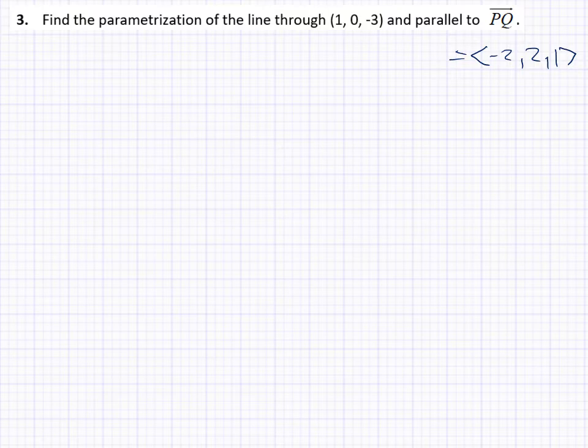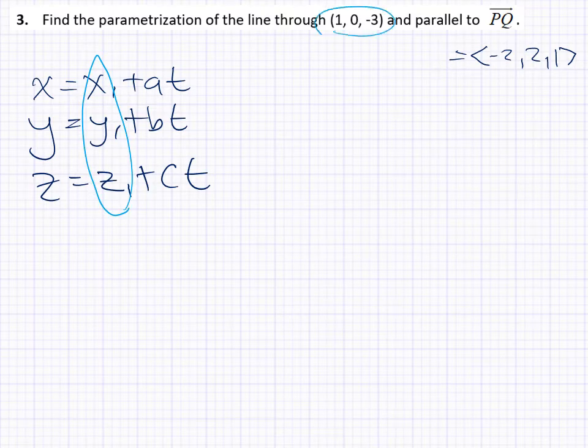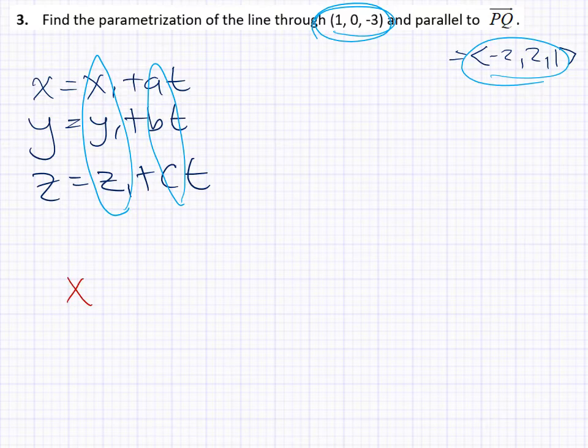But in this case, we use our formula, x = x1 + at, y = y1 + bt, z = z1 + ct, where (x1, y1, z1) is the point, and (a, b, c) is the vector parallel to the line, which we have there. We have everything we need.